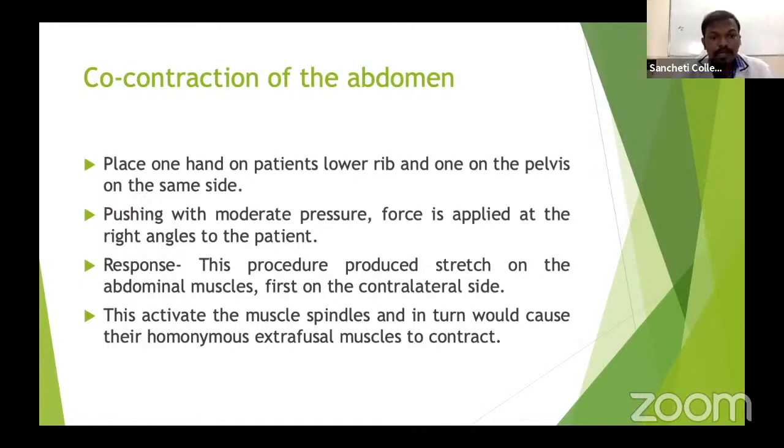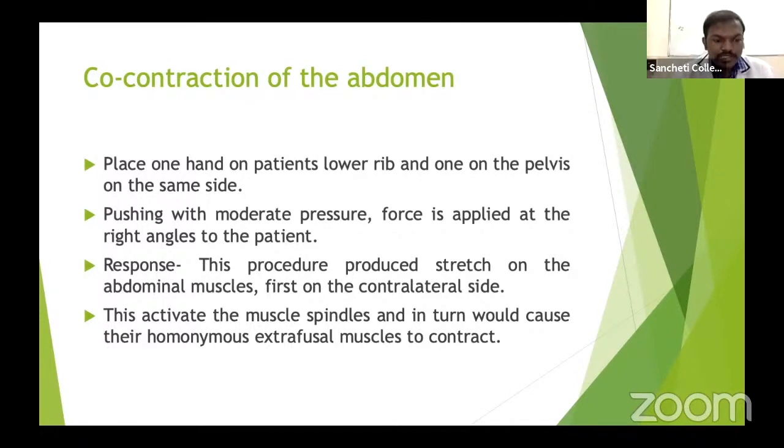Once you have applied this pressure, that is the co-contraction of the abdomen, this procedure will produce a stretch on the abdominal muscles, firstly on the opposite, that is the contralateral, side. This activates the muscle spindle and in turn causes the homonymous extrafusal muscles to contract.